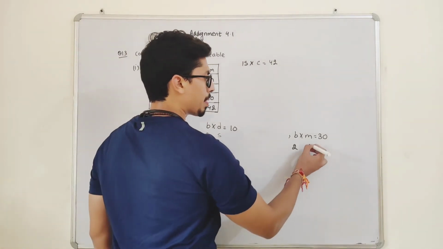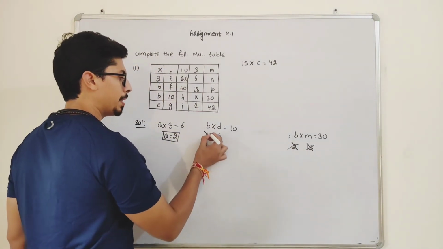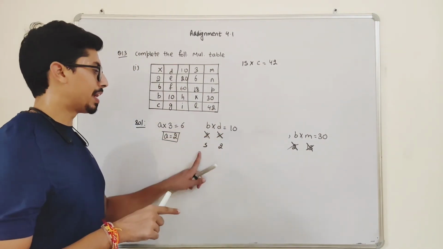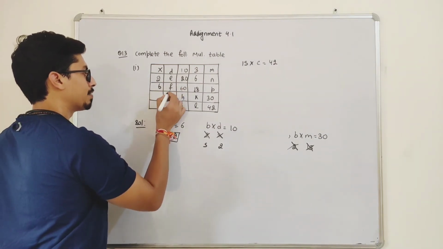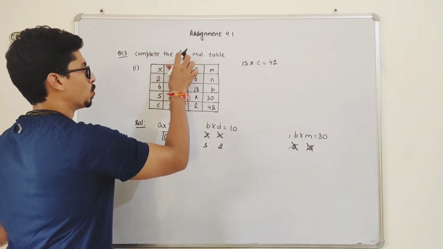That means M can't be 15. Therefore B can't be 2. The only possibility left is B is equal to 5, and now D is 2.